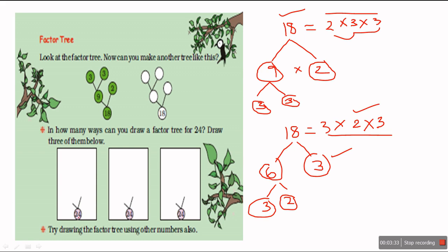Another example is 24. Think about any two numbers which by multiplying give 24. 8 times 3 is 24. Simply these two numbers are there. This is a prime number, so this branch will finish here. Here think of any two factors. 4 times 2 is 8.